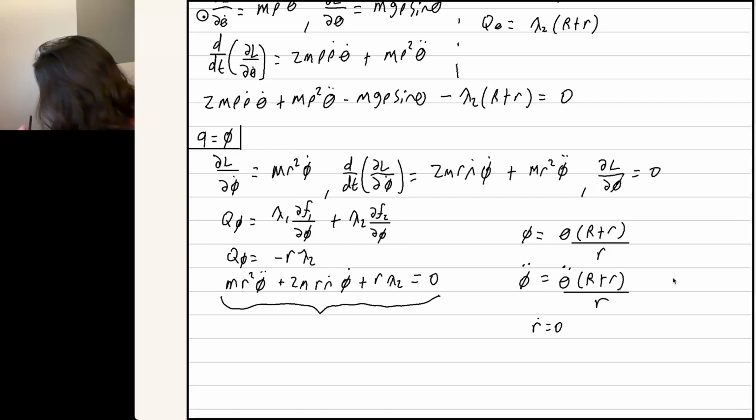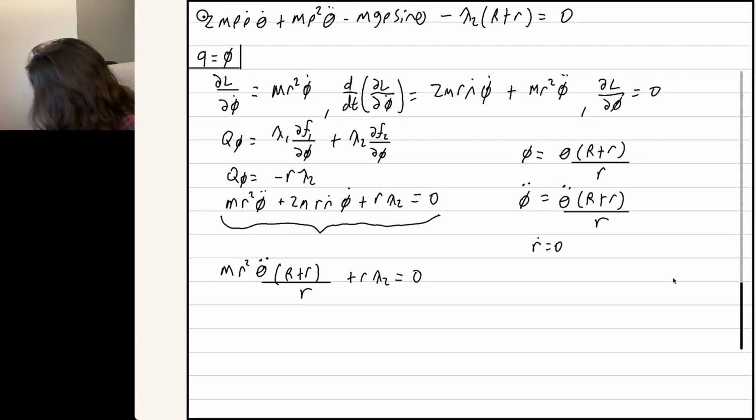So you'll have m r squared times theta double dot (r plus r over little r) plus r lambda 2 is equal to 0. We can use this to solve for lambda 2.